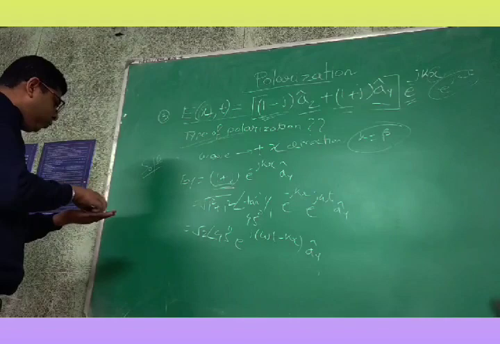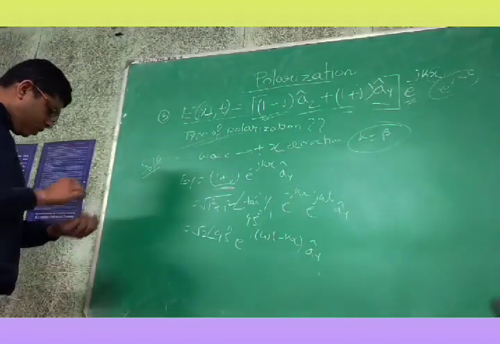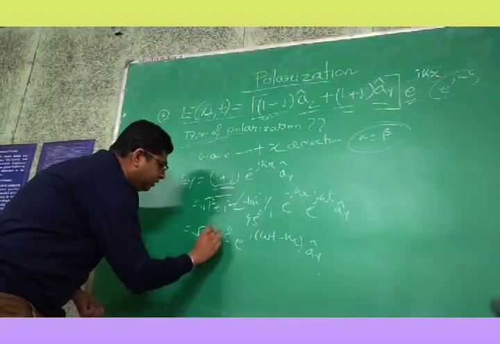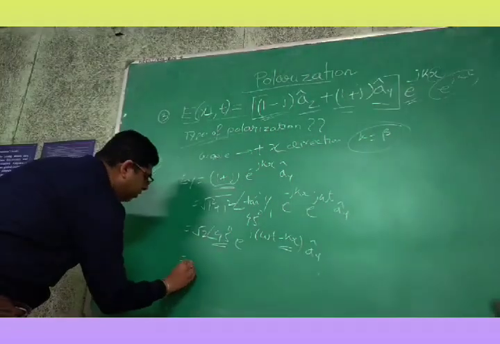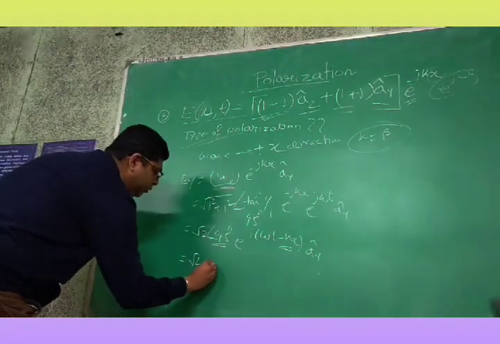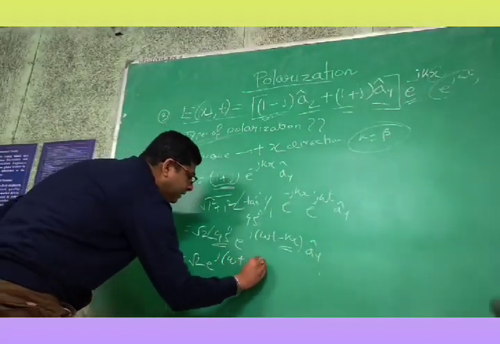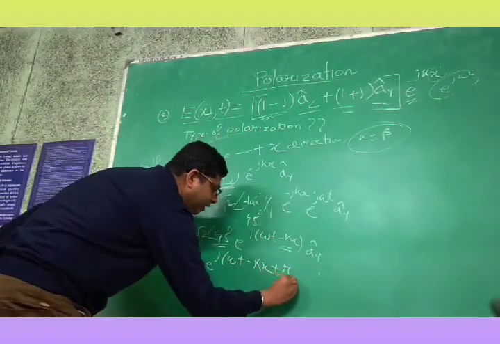Now we have the z component, right? What is the z component? Before that, what you can do is put this angle in this: root 2 e to the power j(omega t minus kx plus 45 degrees), so plus pi by 4.